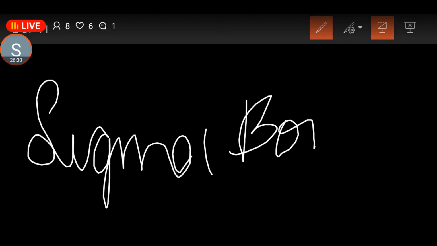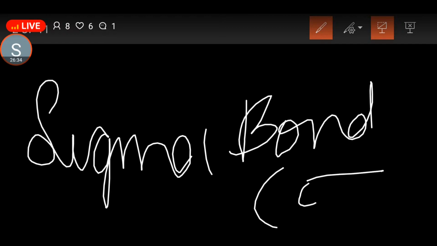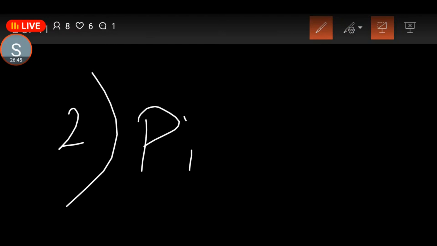Sigma bond, and the symbol for that is, you write a straight line like this. This is the representation of sigma bond. Okay. Pi bond. The second type is pi bond.